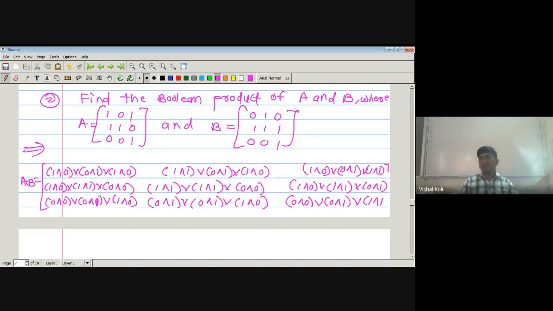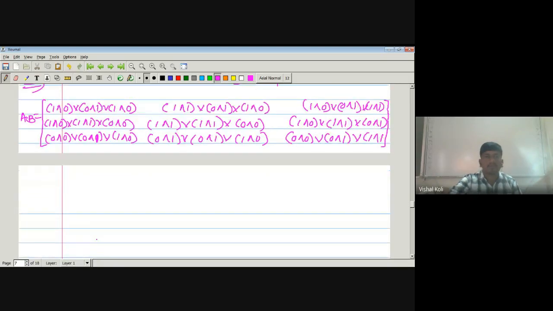Okay, now we have to evaluate. 1 meet 0: b1 meet b2 will be equal to 1 whenever b1 is equal to b2 and equal to 0 otherwise. Here 1 is not equal to 0, so 1 meet 0 is 0, join 0 meet 1, which is again 0, 1 meet 0 again 0. Okay, second one: 1 meet 1 is 1, join 0 meet 1, which is 0, join 1 meet 0, which is again 0.